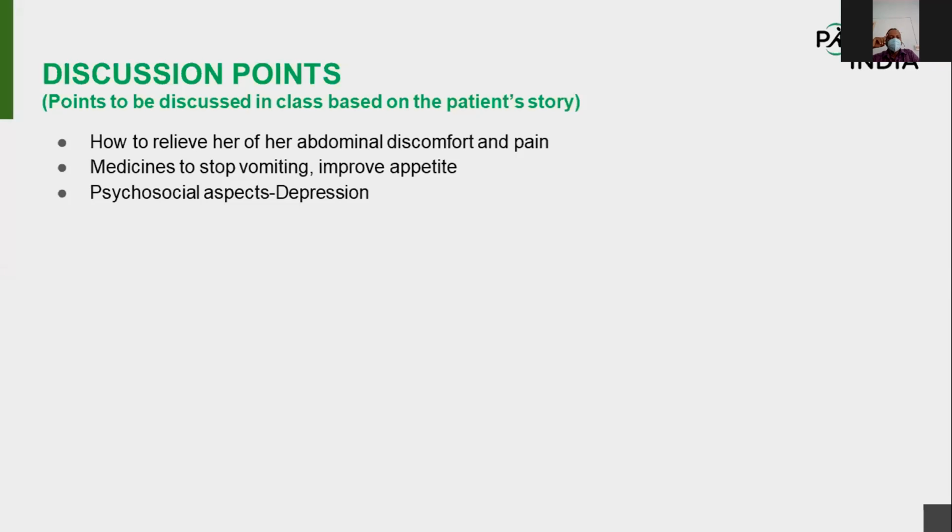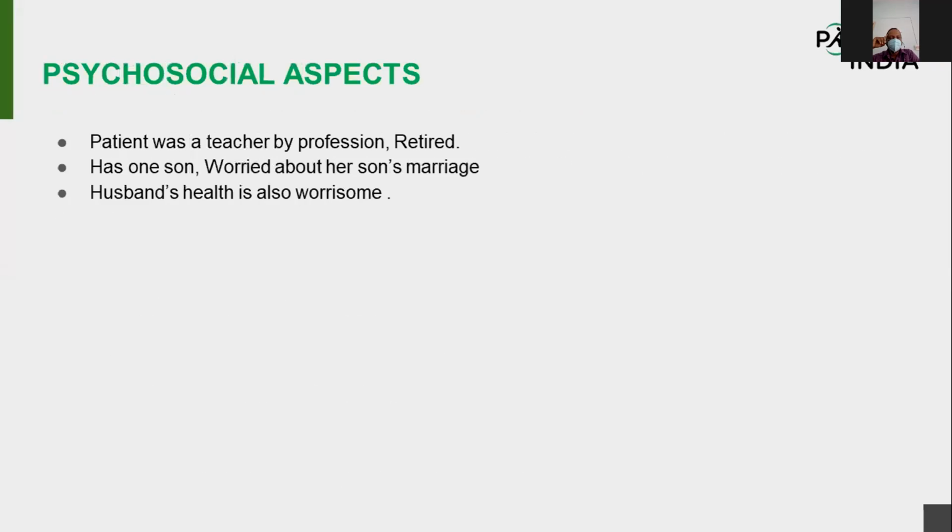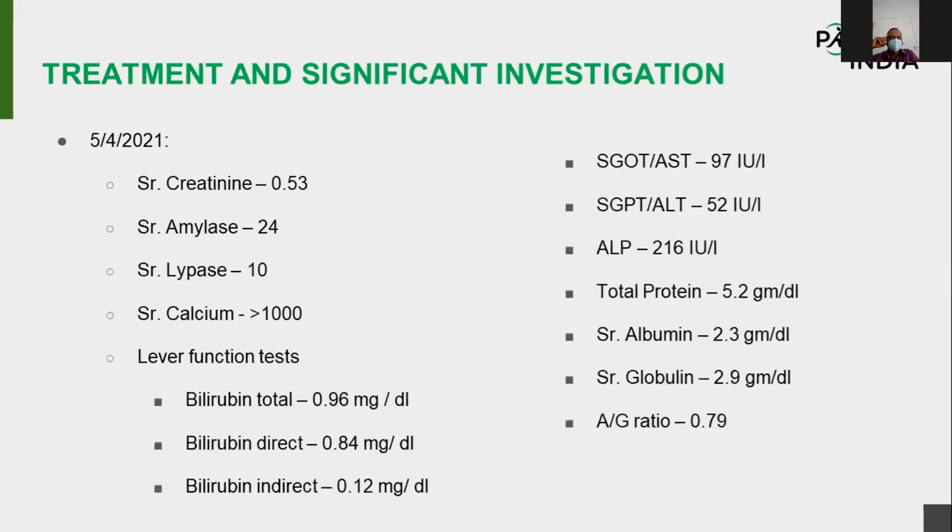Sir, I saw that during your presentation, the serum calcium is 1000. Was it written as 1000 by mistake, or is it something else? Sorry, sir. I couldn't get you. The serum calcium, you have written it as more than 1000.